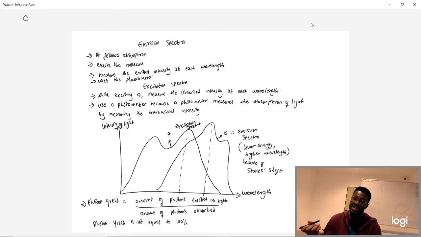So some photon energy absorbed is released as heat, not as light, not as photons.